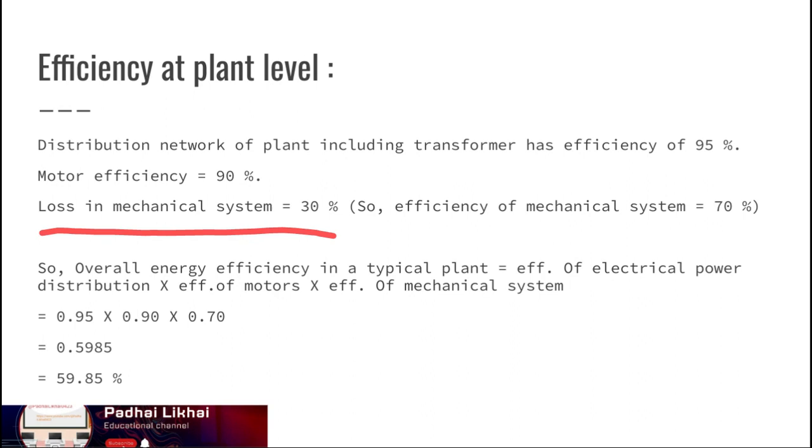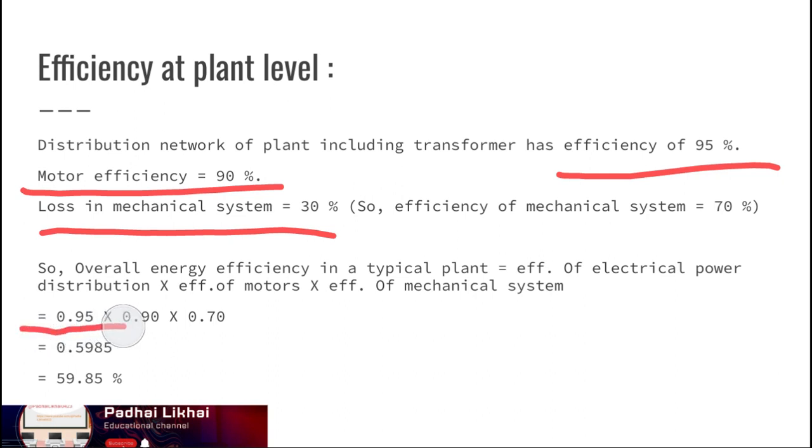Now let us assume that the efficiency of the internal distribution transformer of the industry itself is 95%, and let us assume that the motors used in the plant have an efficiency of 90%. So if we talk about the efficiency of a plant or industry, we will simply multiply all these three efficiencies.